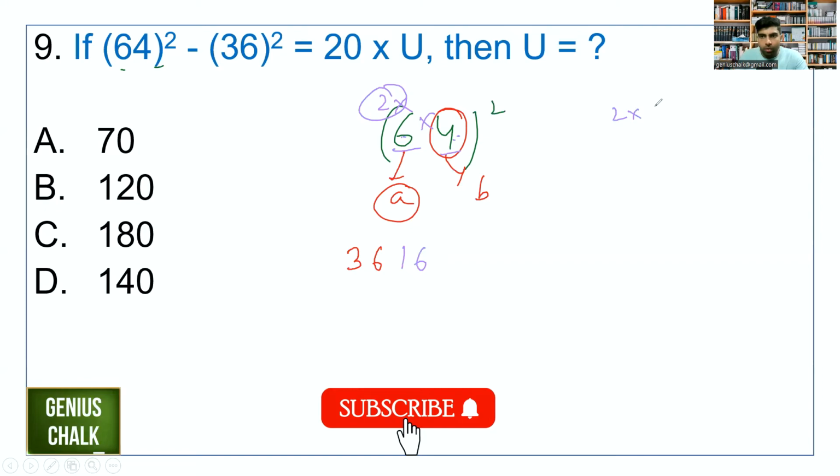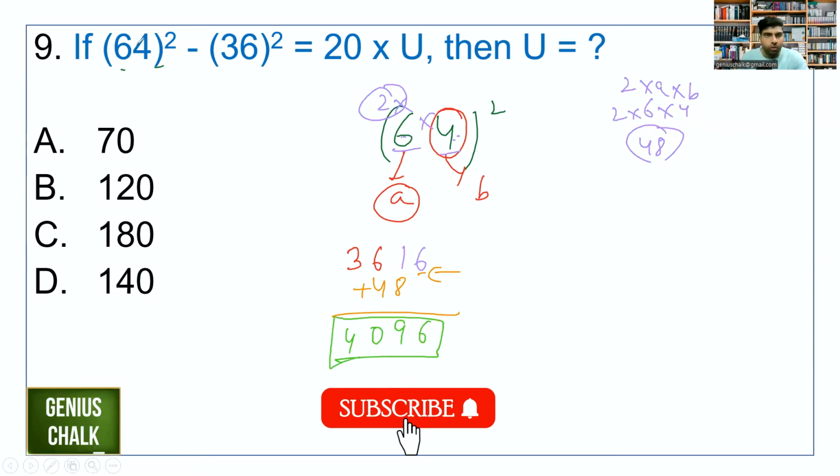So 2 into 6 into 4, that is 2 into A into B. So that is 48. And write 48 leaving one digit from the right. So 48 you write like this and add. You can directly get the answer. So just write it. So this is 6, this is 9, this is 10, this is 4. So this is your 64 square.